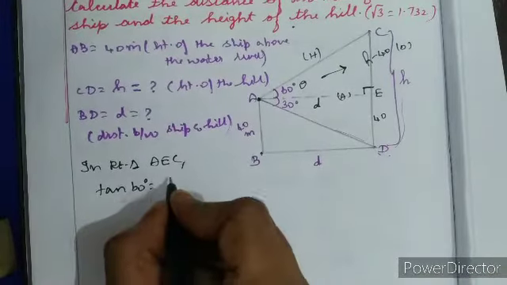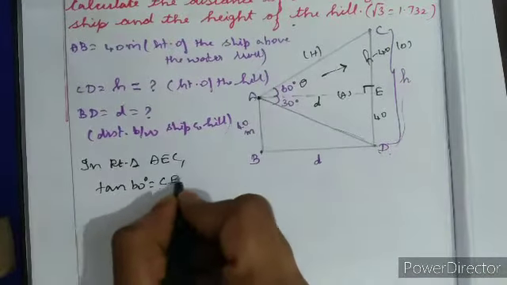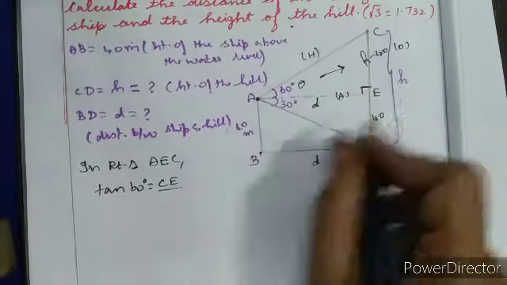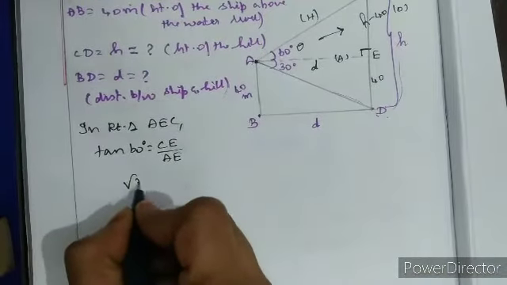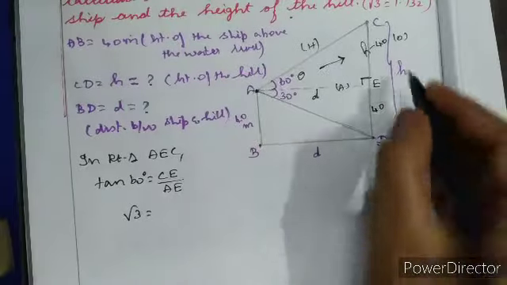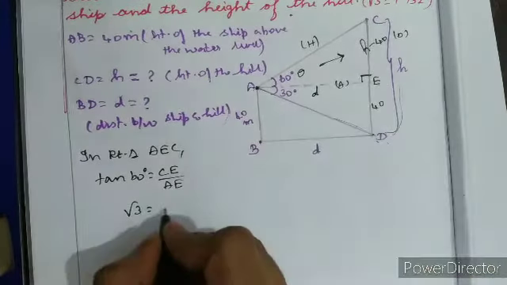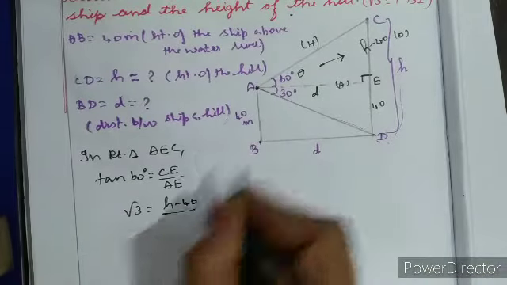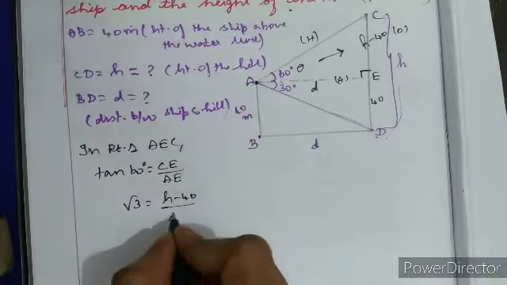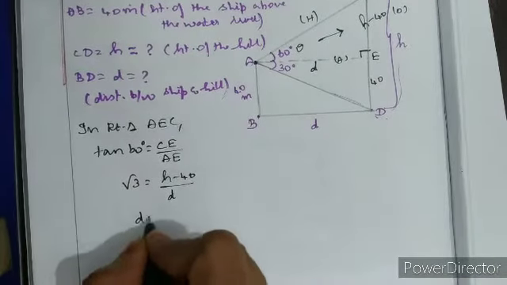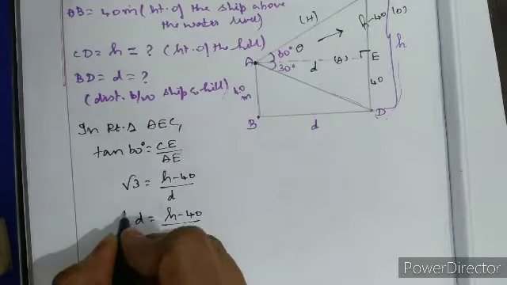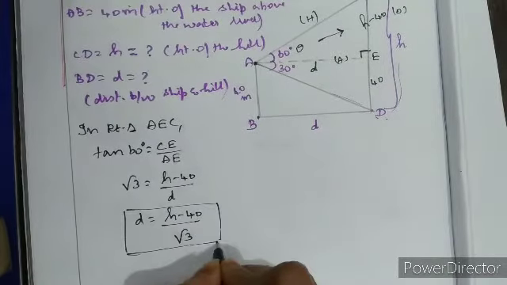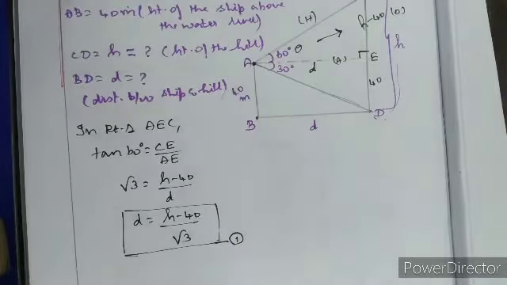So tan 60 is equal to opposite by adjacent, that is CE by AE. Tan 60 value is root 3. Root 3 is equal to CE, which is H minus 40, by the adjacent side value, which is D. Therefore I can write D is equal to H minus 40 by root 3. Let this be equation 1.